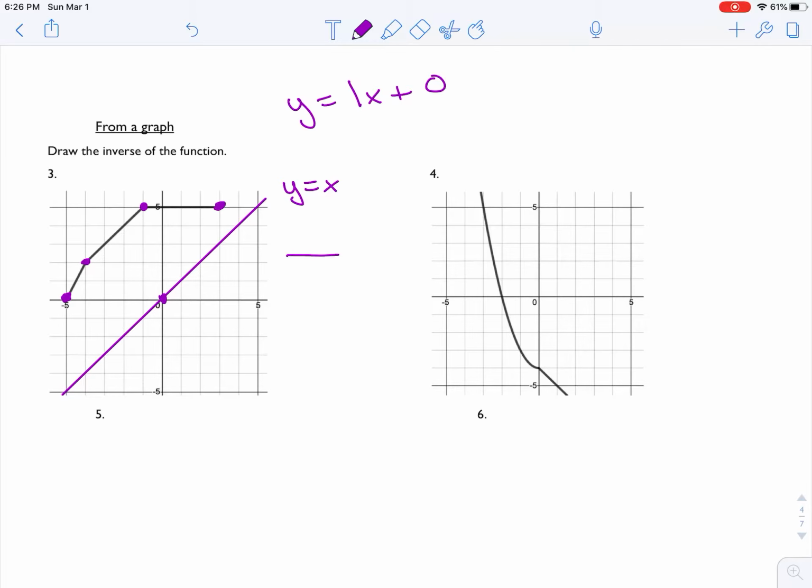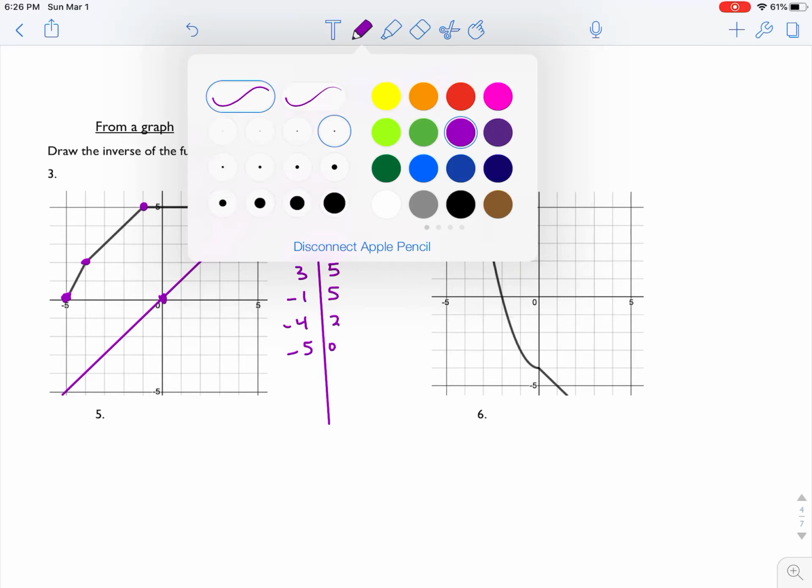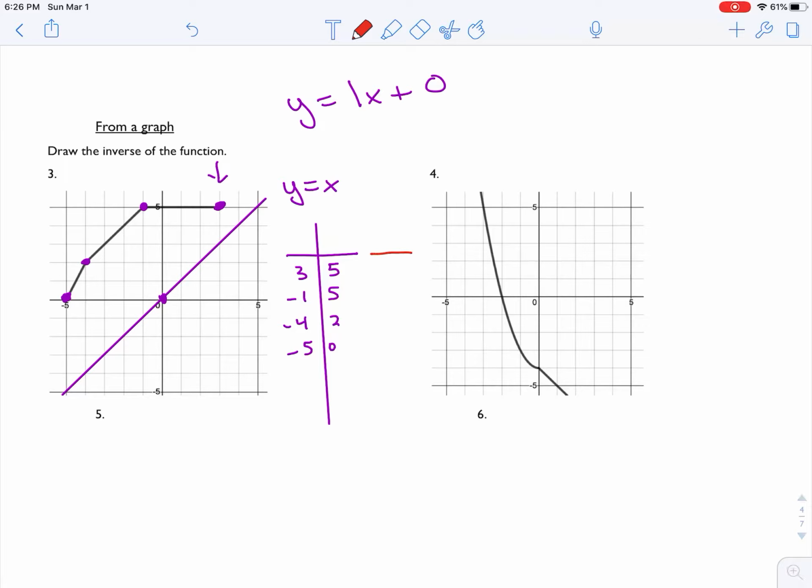So what I'm going to do is I'm going to make a table of what those points are. And this one right here is 3, 5. Okay. Now the inverse then, like we did above, is the opposite.